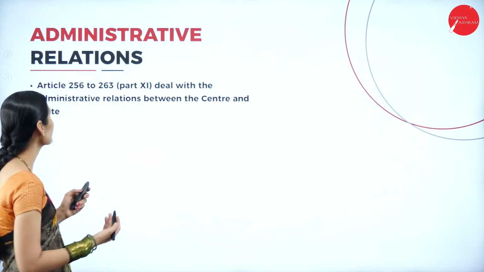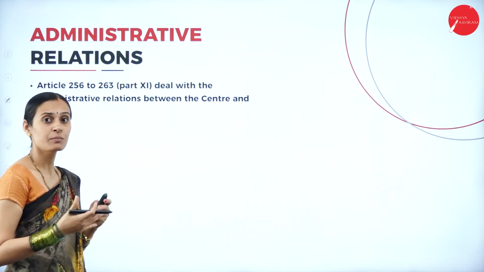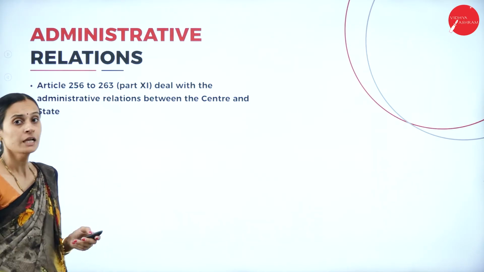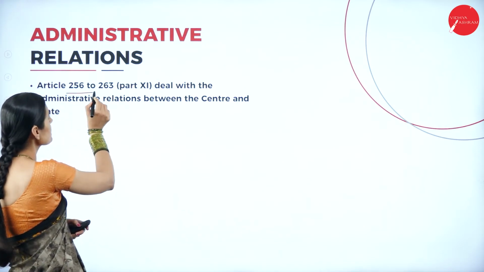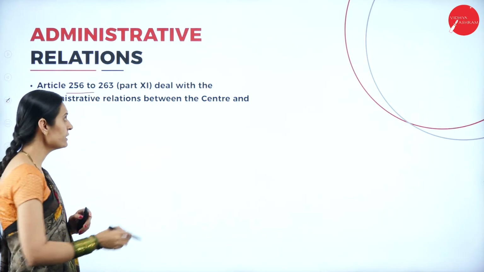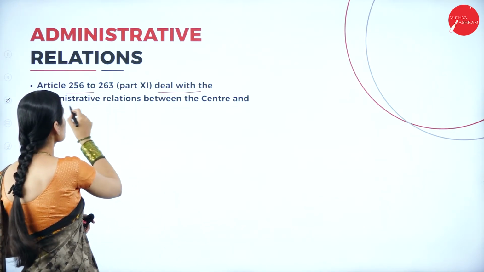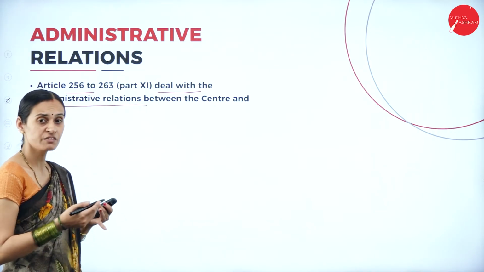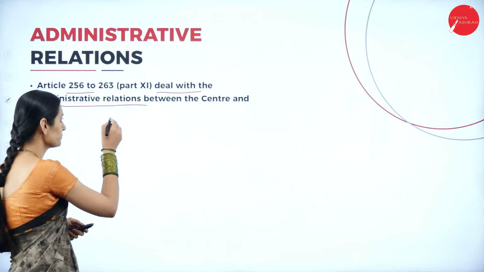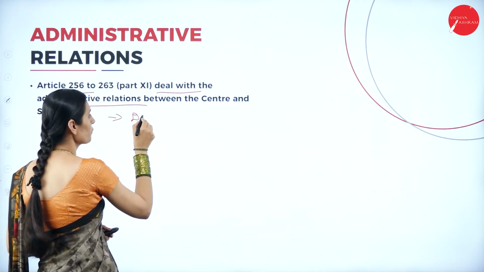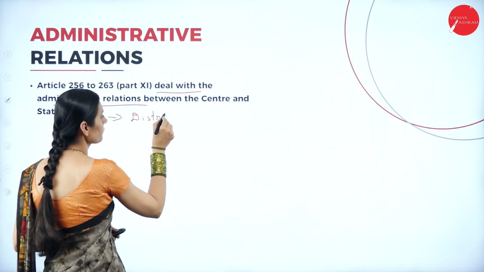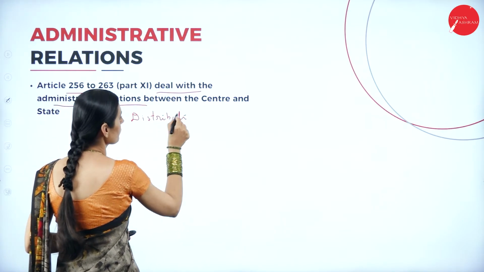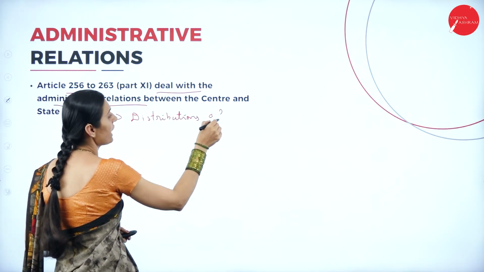And the next one, the administrative relationship, which tells about the method of administration. Article 256 to 263, Part 11, deals with the administrative relationship between center and state. It comprises different functions. First one, distribution of executive power.